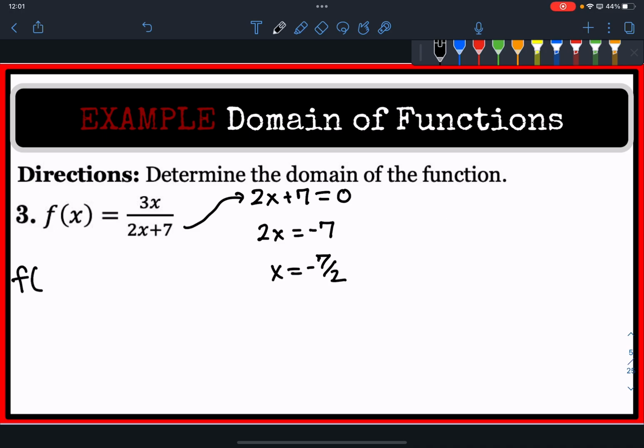So let's check. Let's substitute negative 7 over 2 into the x. So we have 3 times negative 7 over 2 and 2 times negative 7 over 2. So 3 times negative 7 over 2 equals, no, negative 9.5 on the top.